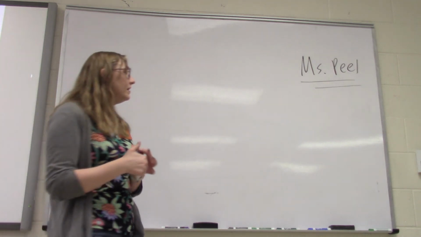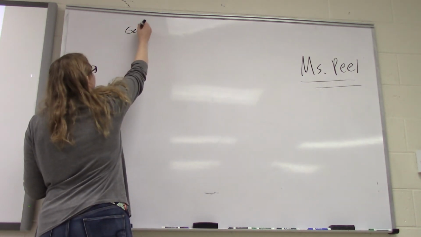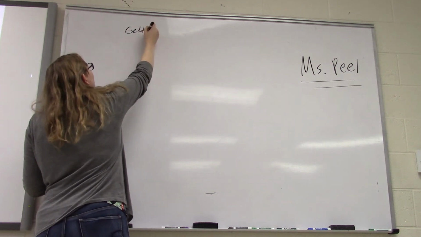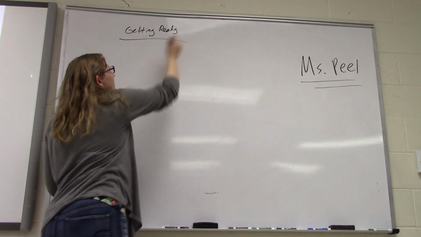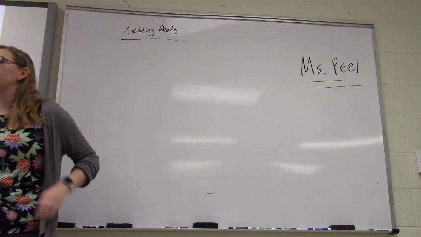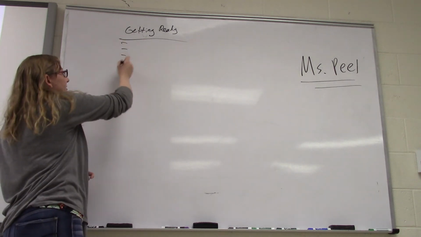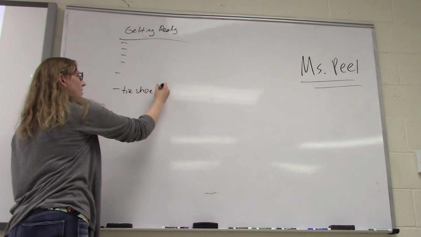So if we were going to try and make an algorithm maybe for getting ready in the morning, right? So this is our sequence of steps for what we might do in the morning to get ready. So we're going to have some steps here, and eventually we're going to get to tie shoes, right?